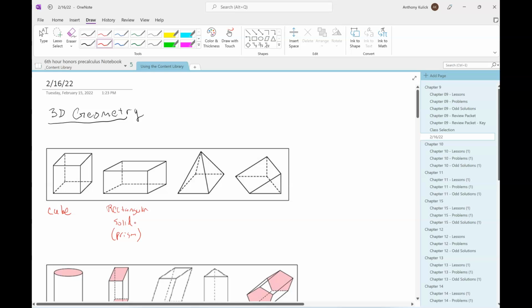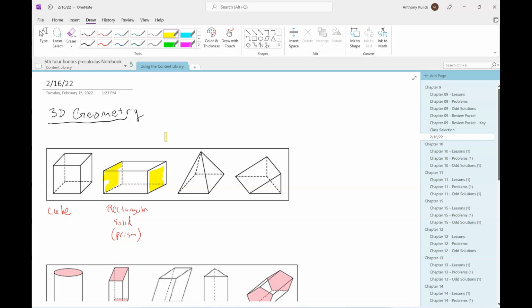When we say a prism, what are we really talking about here? That's kind of a generic term. It's a three-dimensional figure that has two bases that are parallel and congruent.